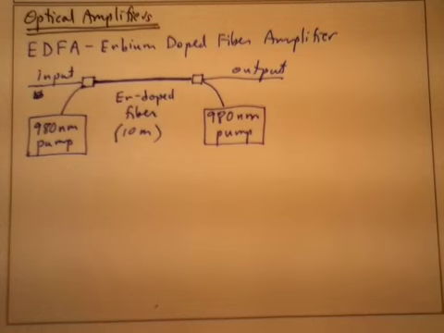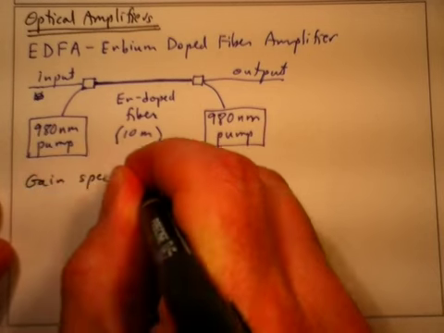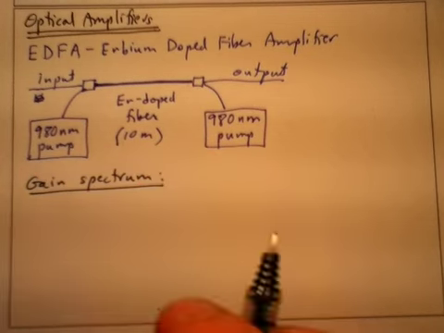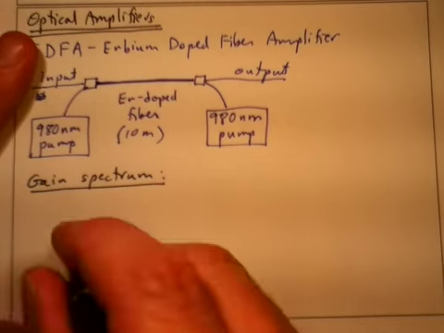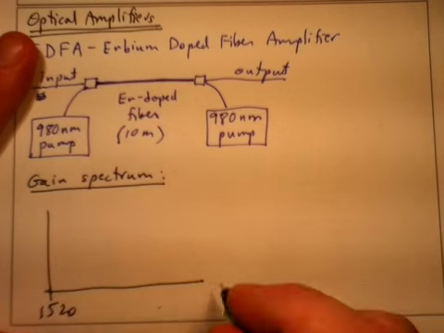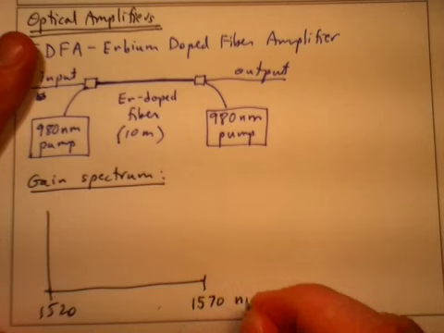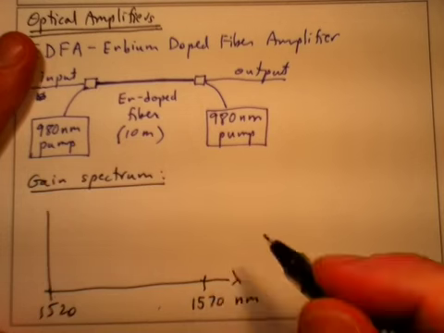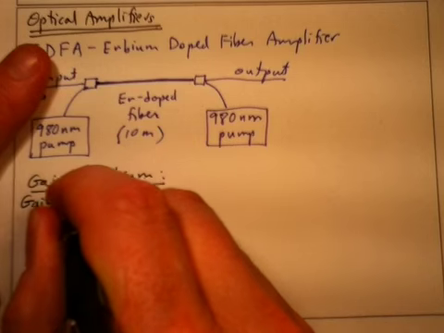And the EDFA has a gain spectrum that looks something like this. If I plot from, say, 1520 up to 1570 nanometers as far as wavelength goes, and I have the gain in dB here.